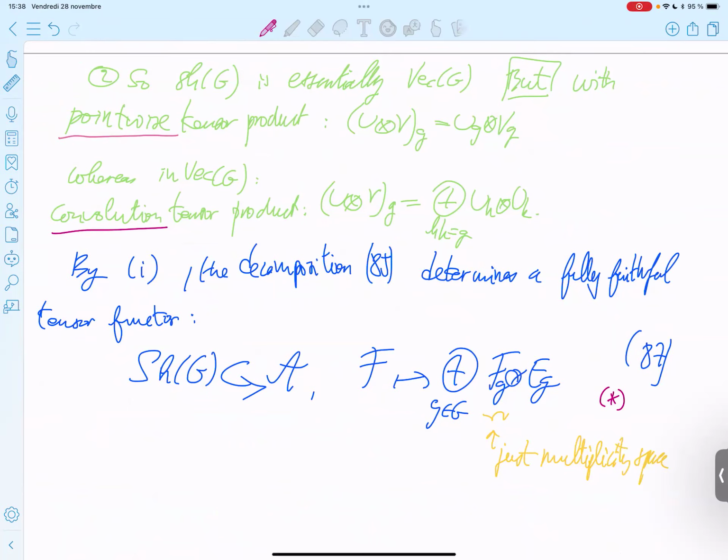This aligns with the pointwise tensor product on sheaf G. Okay.